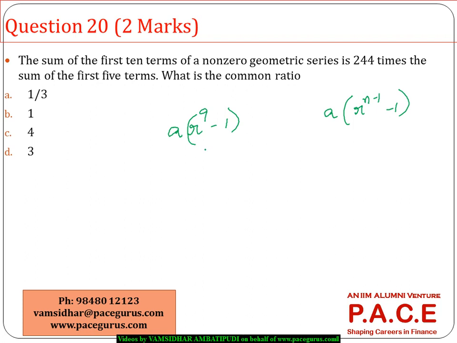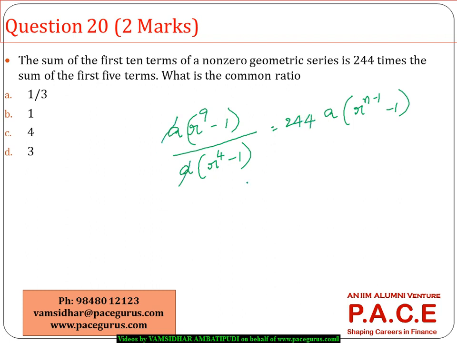Same logic here. Similarly, for the first 5 terms, I am doing a into r to the power of 4 minus 1. Now what it is saying, this is 244 times the sum of the first 5 terms.